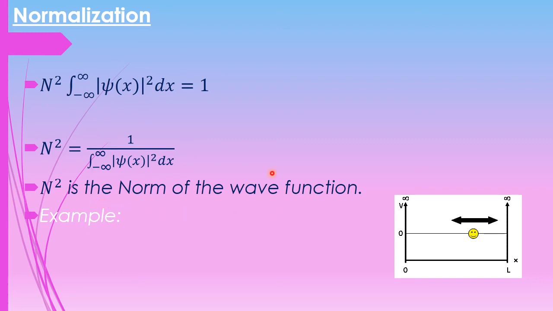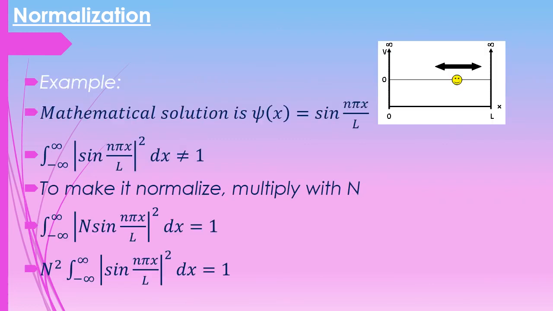Let me take one example. If we take a particle inside the infinite potential well, the solution of the equation is psi of x equal to sin(n pi x by L), where L is the length of the potential well. This equation cannot satisfy the normalization condition, so we need to multiply with a constant.